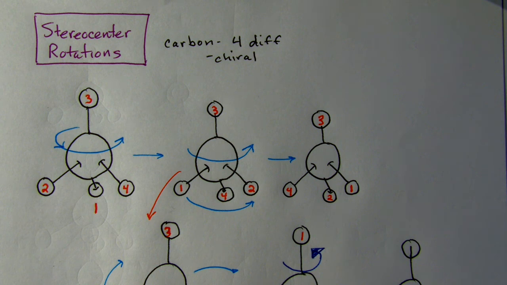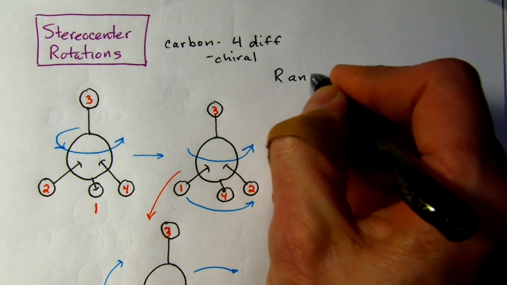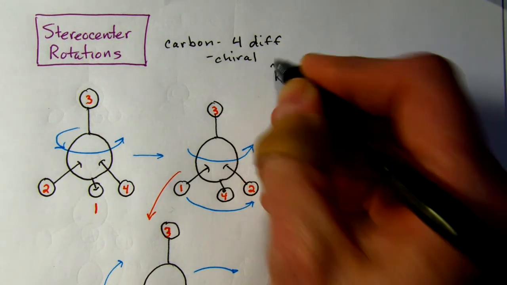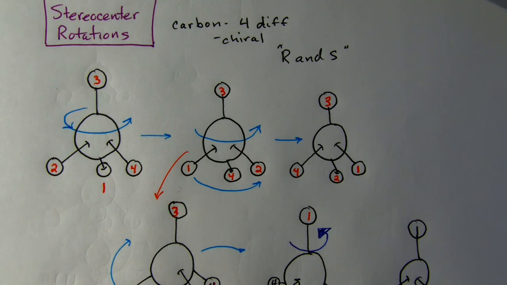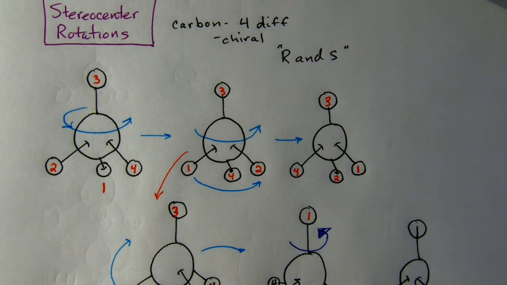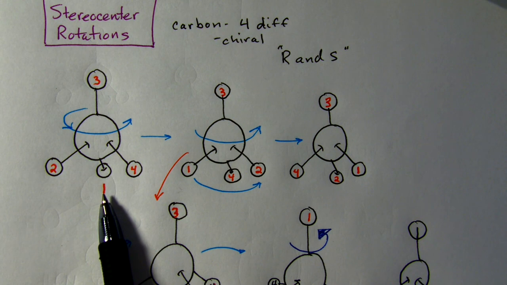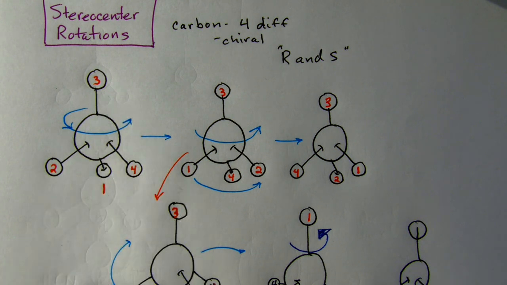The concern we have is that sometimes maybe we can't tell if we have the same molecule or if we have something different. In order to take care of that, we have what is called the R and S configuration. And so what we often have to do is put the lowest priority atom in the back. Well, these numbers don't really mean that that has the lowest priority, but let's do it this way. Let's say we had this arrangement.